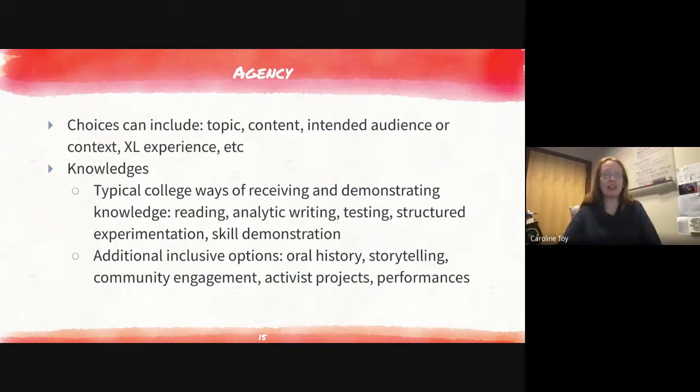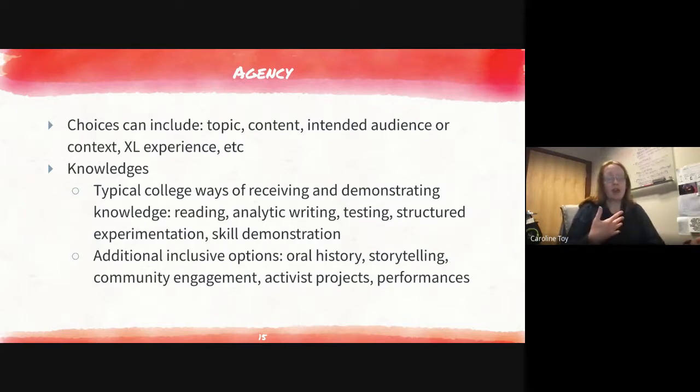And then in the worst cases, a faculty member calling on that person to represent their identity or experience to the class, which is really alienating for those students. So giving agency in classwork can allow students to engage with those topics and ideas that are important to them without feeling like they're being called out.